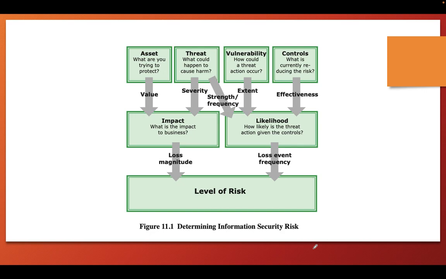When you have an asset, there will definitely be a security threat. Okay, information security threat. The threats are what could happen to cause harm to your information. Then you have vulnerability. Vulnerability is how a threat action could occur to jeopardize your asset. The loopholes are the vulnerability.